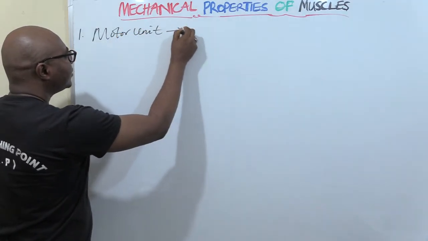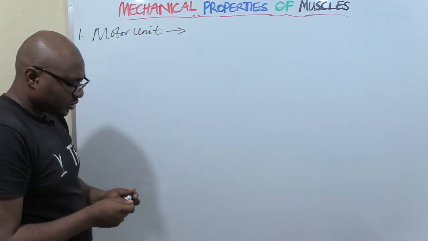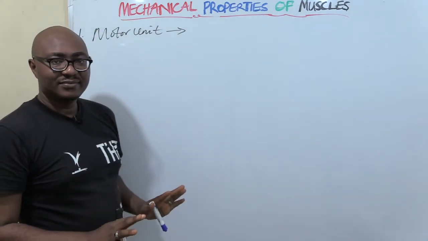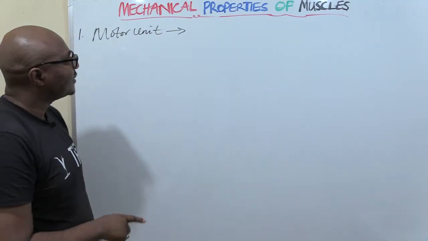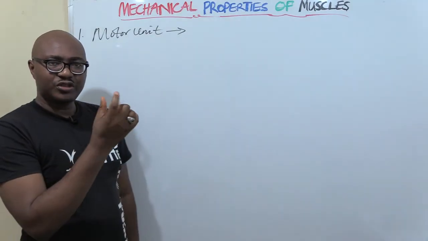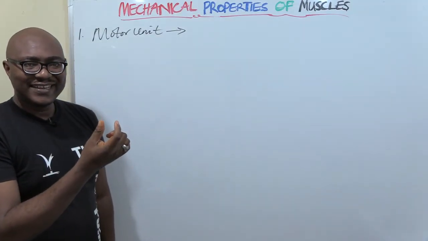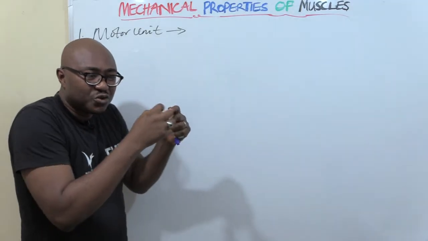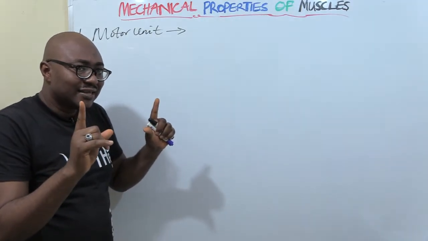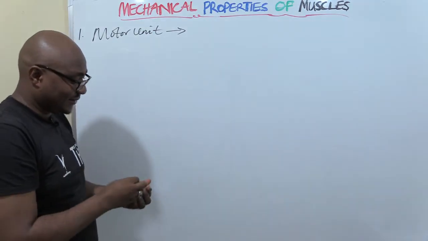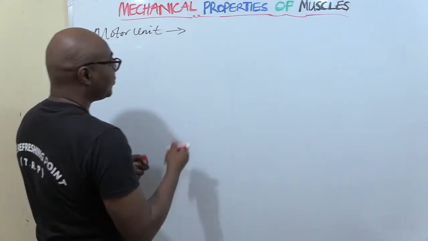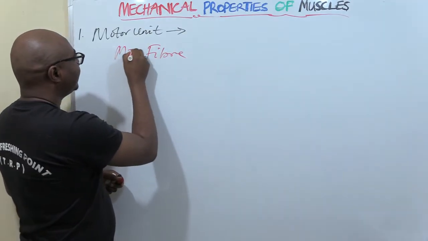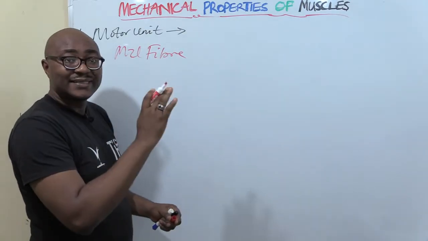Number 1. Now, what do we mean by motor unit? Mechanical properties. For muscles to contract, muscles contract in groups. Are you listening? Muscle fibers. Now, you know a muscle fiber is one cell.